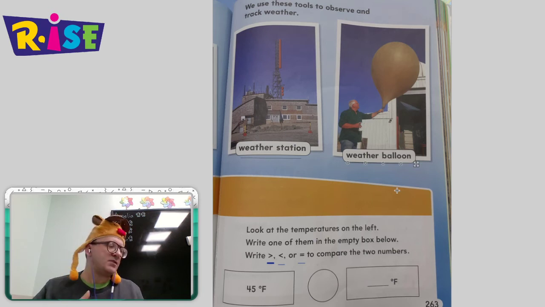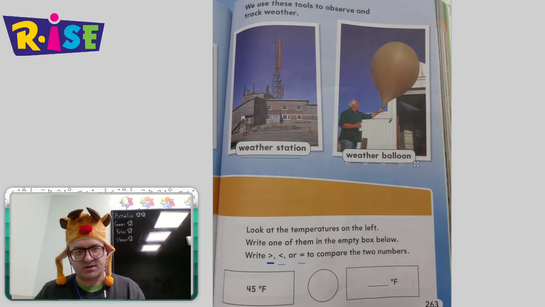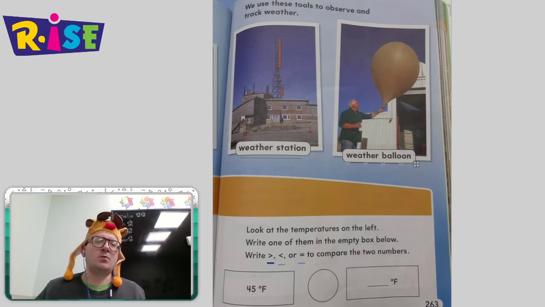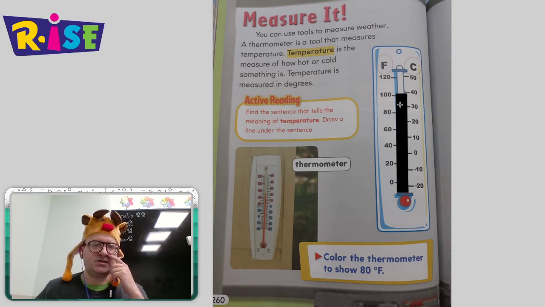Okay, so going back over everything, we use different things to help with weather, and everything helps us make a weather report to help us predict the weather. First, we used a thermometer to gauge the temperature.